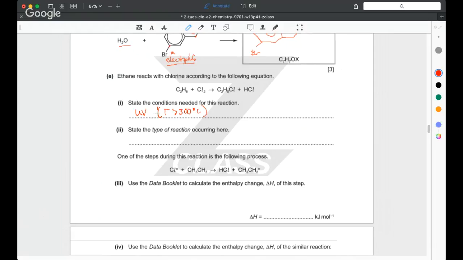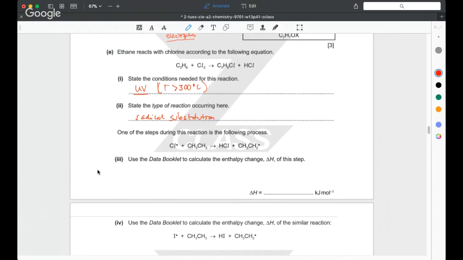That's an acceptable answer in the mark scheme, but really most of the time you're thinking of initiating the reaction with the homolytic fission of the bond in the chlorine molecule there with ultraviolet light. And it's going to be a radical reaction. And because you're replacing one of the hydrogen atoms there with a chlorine atom, that replacement is a substitution. So it's a radical substitution reaction.